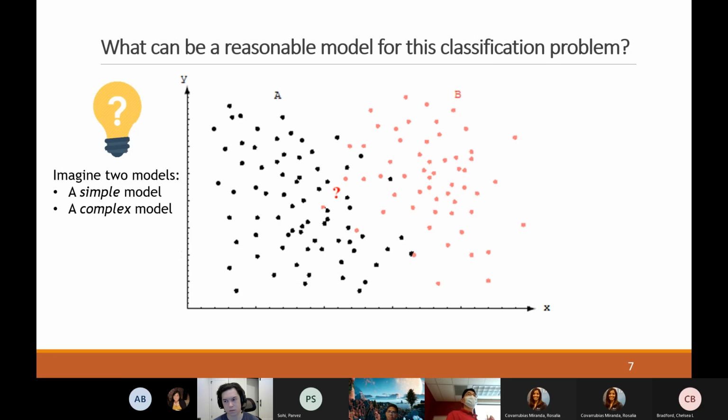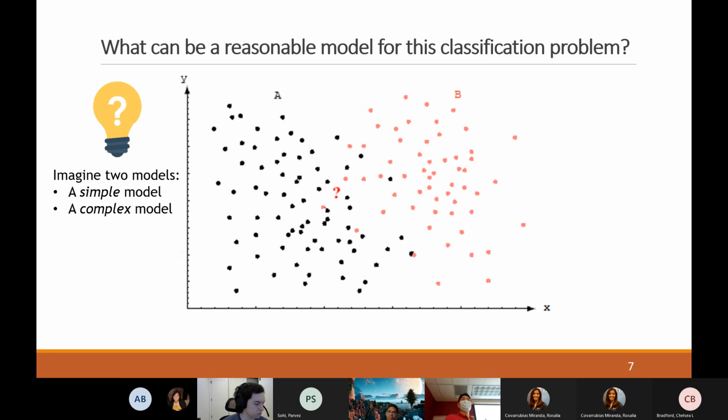And this problem is simple because you basically only need two variables to be able to differentiate the colors of the points at a reasonable accuracy, because they are pretty much separated. Although there's a blurry line in the middle, it's pretty much separated. So this problem is easy.